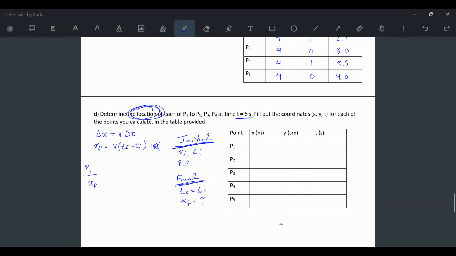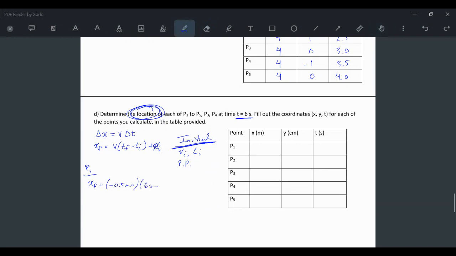For P1, we want to solve for a position. Our velocity is minus 0.5 meters per second because it's moving to the left. If at this point we forget that it's moving to the left and we don't bring this negative along, then we will run into trouble. So just keep your wits about you and remember that. TF is always going to be 6 seconds.